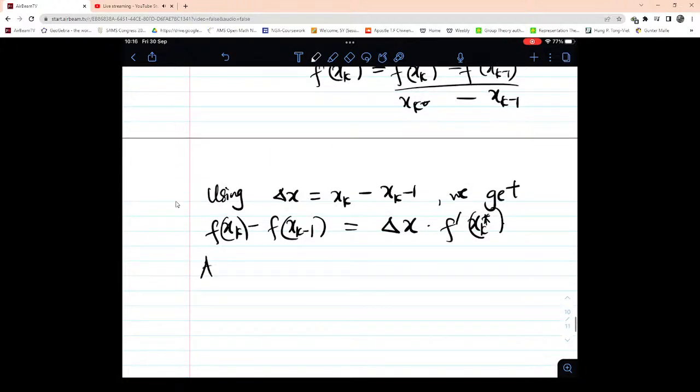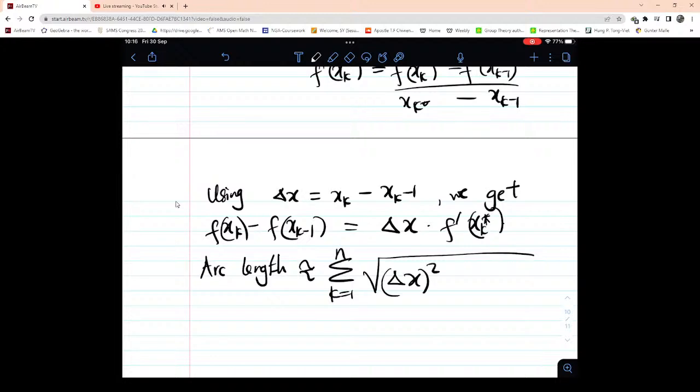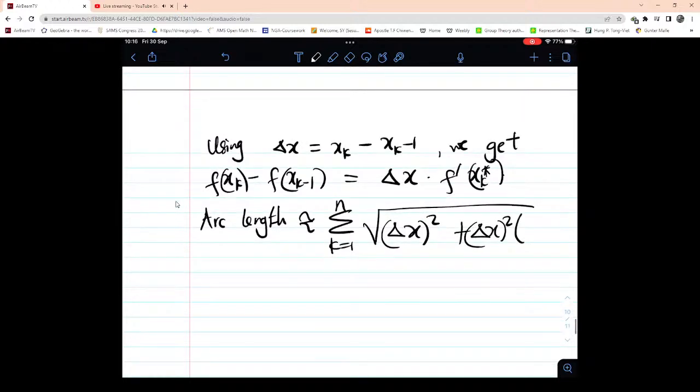And so therefore our arc length can be rewritten as the sum from k equals 1 up to n of the square root of delta x squared plus delta x squared times f prime of xk star squared.